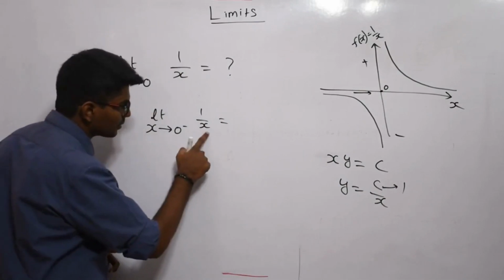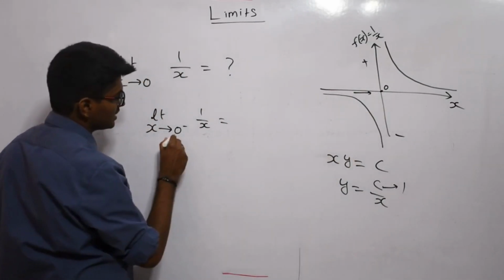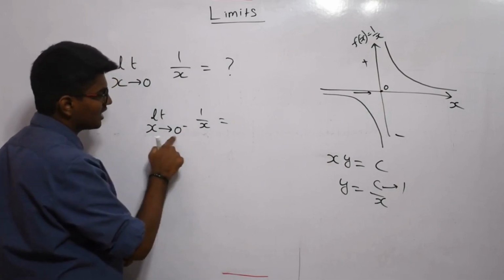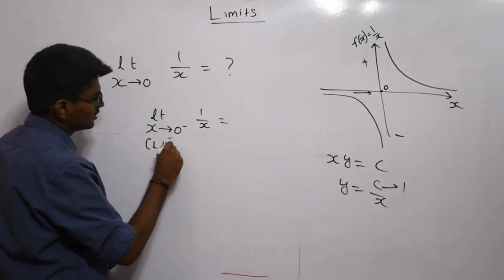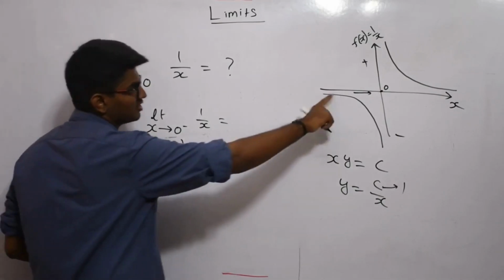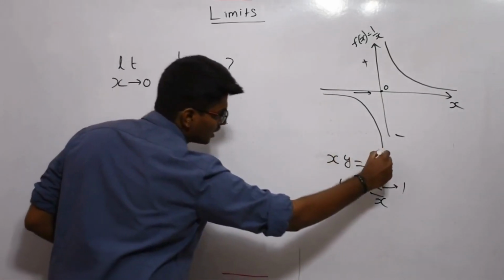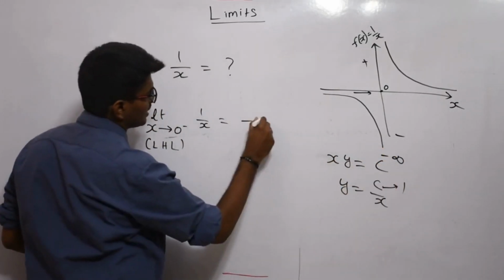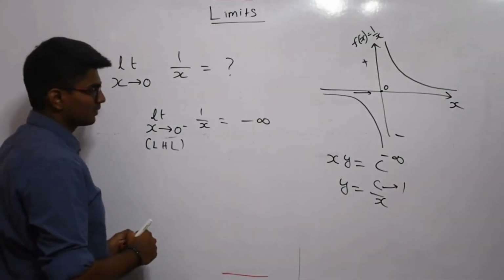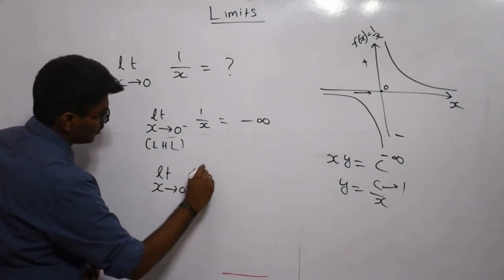So when x approaches 0 from the left side, that is what 0 minus means, the left hand side limit, my function 1 by x approaches minus infinity. So my limit value is minus infinity. In the same way, what is limit x tends to 0 plus of 1 by x?